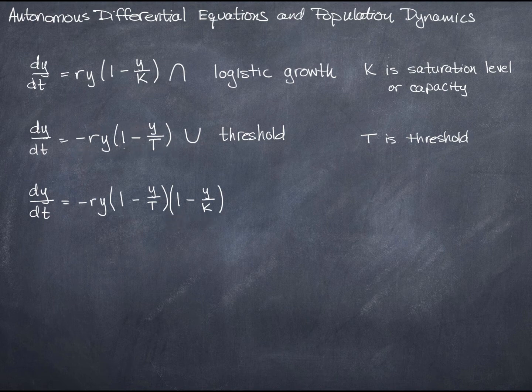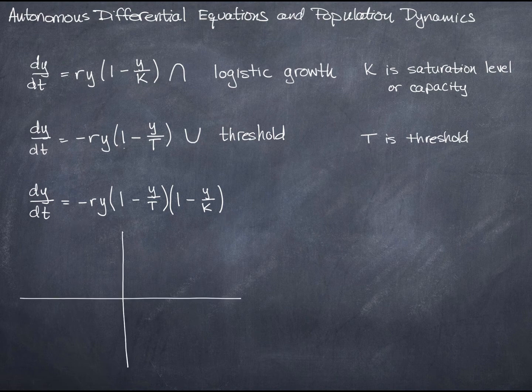And then I've tacked on the factor from the logistic growth equation. And what this is going to do is cap the potential growth at K, which would be somewhere above T. So let's take just a minute and graph this differential equation and see what it tells us about the various equilibrium points or equilibrium values and what the graph of the potential solutions looks like.